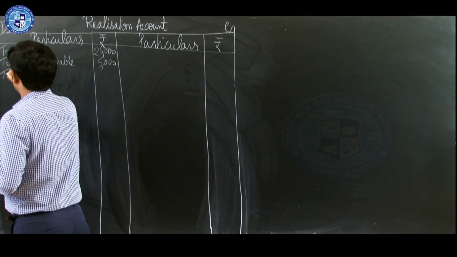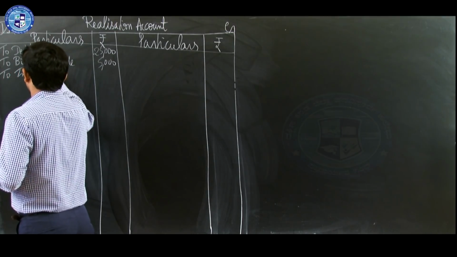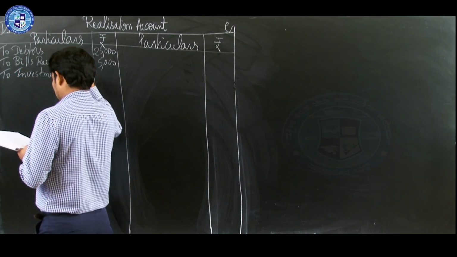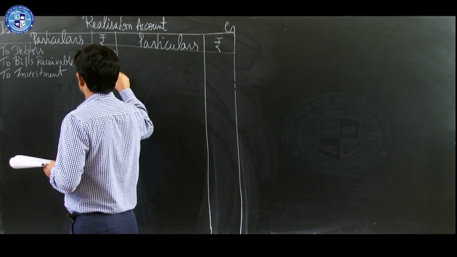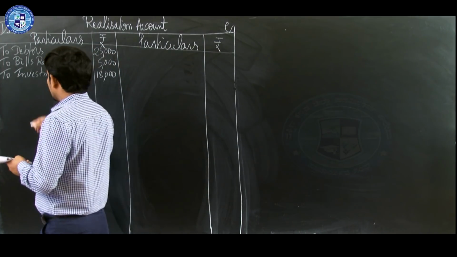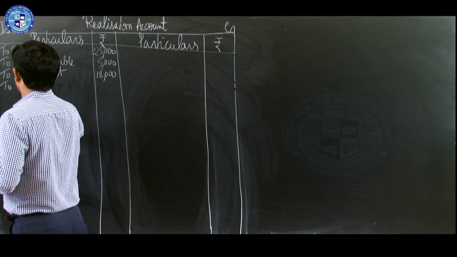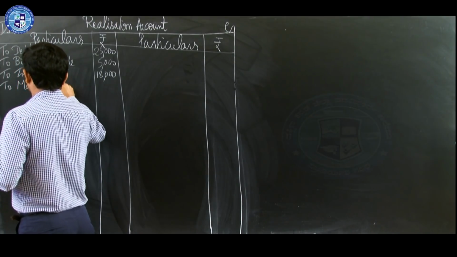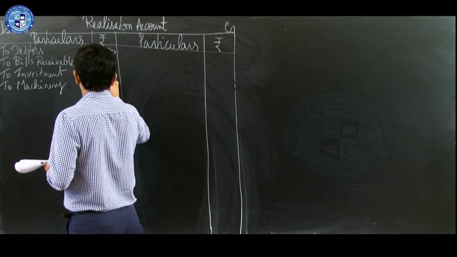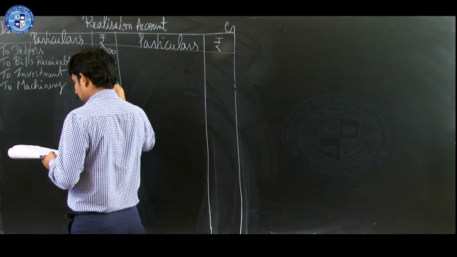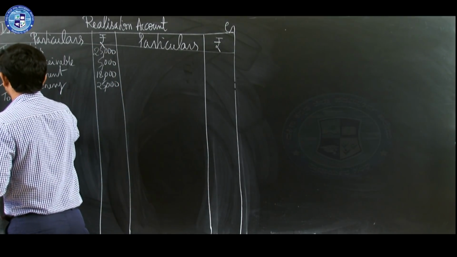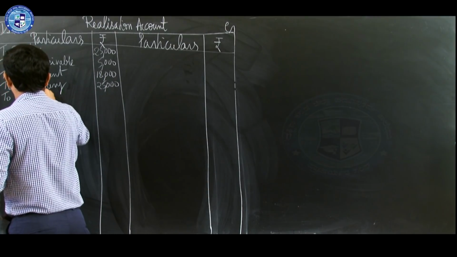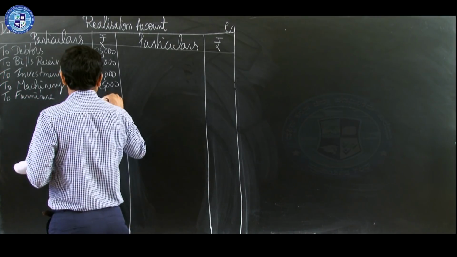Next, investment: to investment 18,000. Next, machinery: to machinery 25,000. Next, to furniture 16,000.